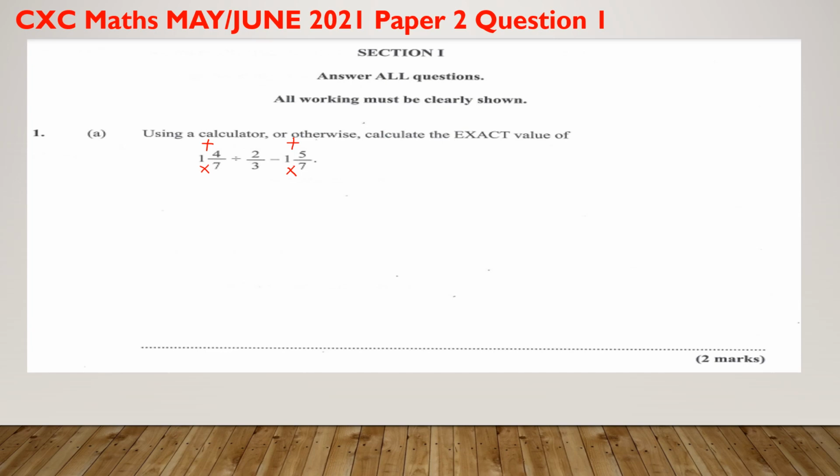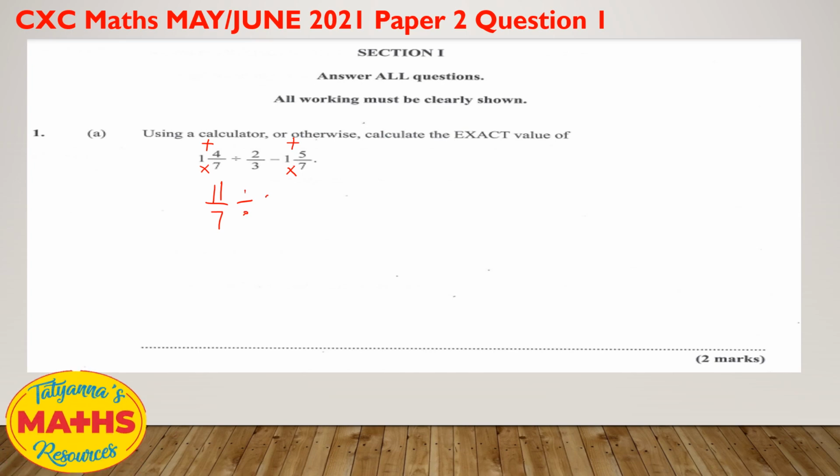So that's going to give us 1 times 7 is 7 plus 4, 11/7, divided by 2/3, minus 1 times 7 is 7 and 5 is 12/7. So BODMAS, what do we do first?